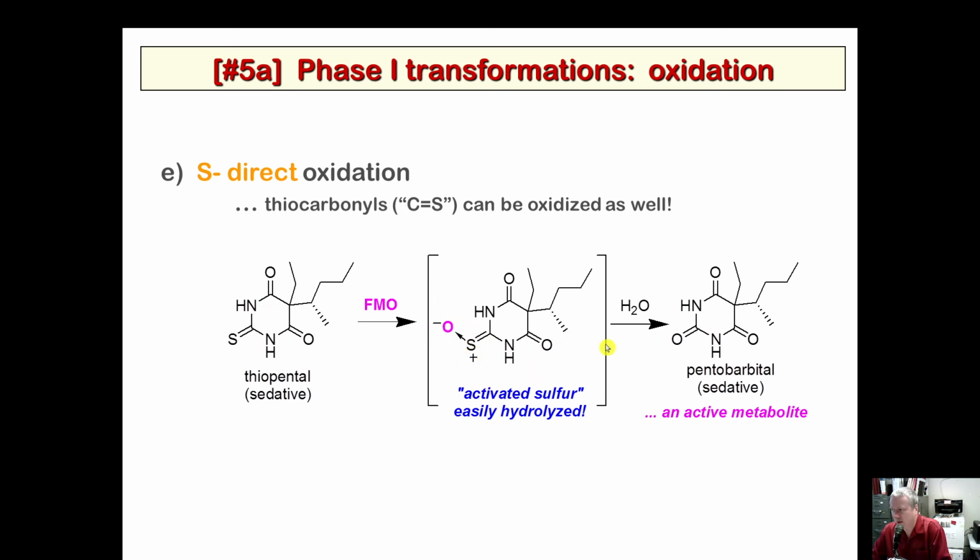So water can easily sneak in there, push the electrons onto the sulfur, do a little more electron pushing, and then this gets lost as some kind of S oxide. And then you're left with the C double bond O. And that is an active metabolite as well. This is a very common barbiturate used in surgery and as a sedative.